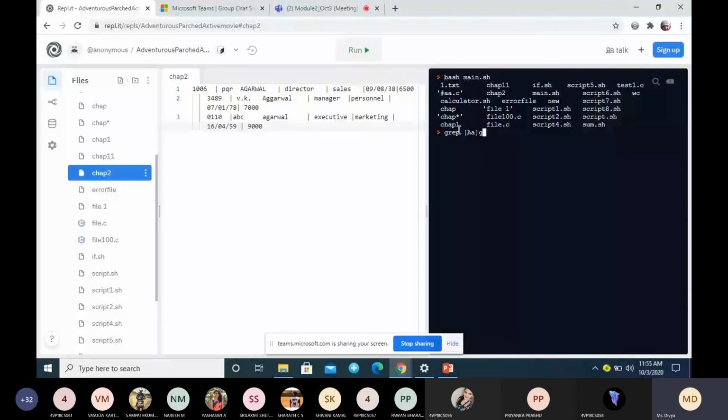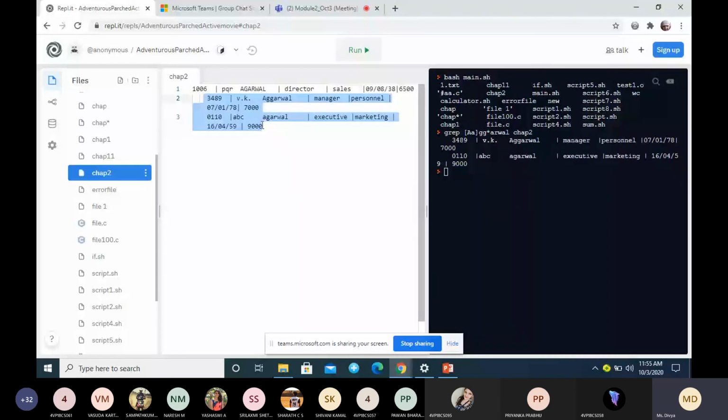Remaining thing you can write as it is, Agarwal. Then in the file chapter 2, I want to match it. Now it will give you these two lines.